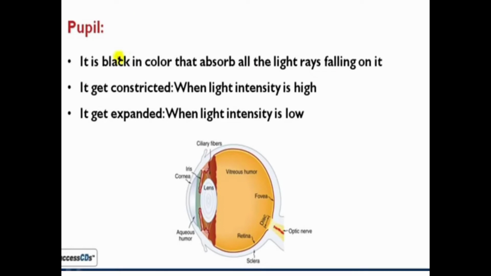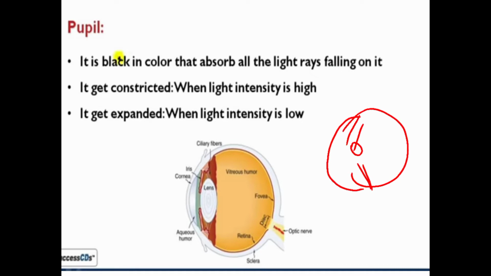Now, the pupil. It is black in color and absorbs all the light rays falling on it. It gets constricted when light intensity is high, and it gets expanded when light intensity is low. As I told you, this is the cornea, this is the iris, and here we have the pupil.